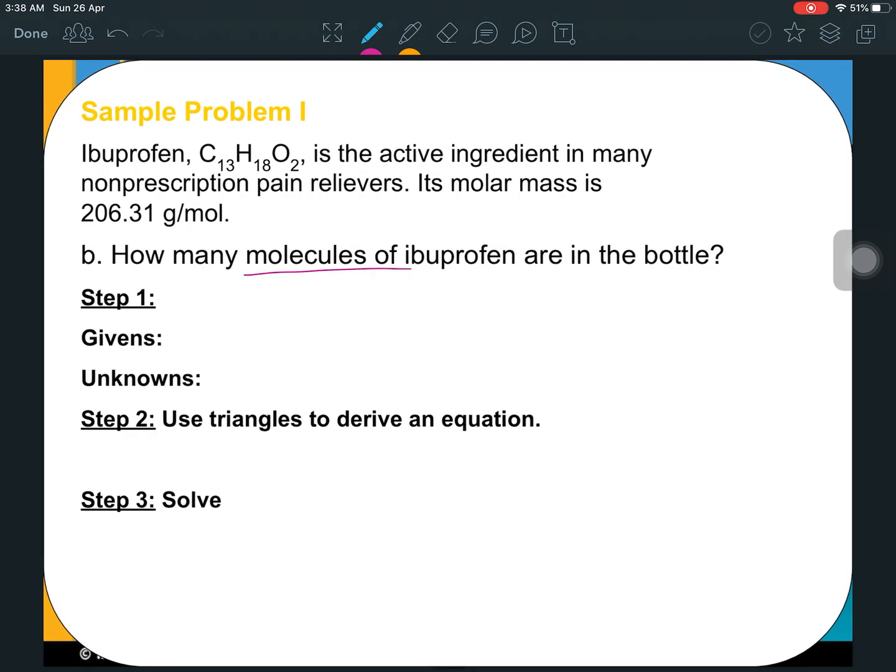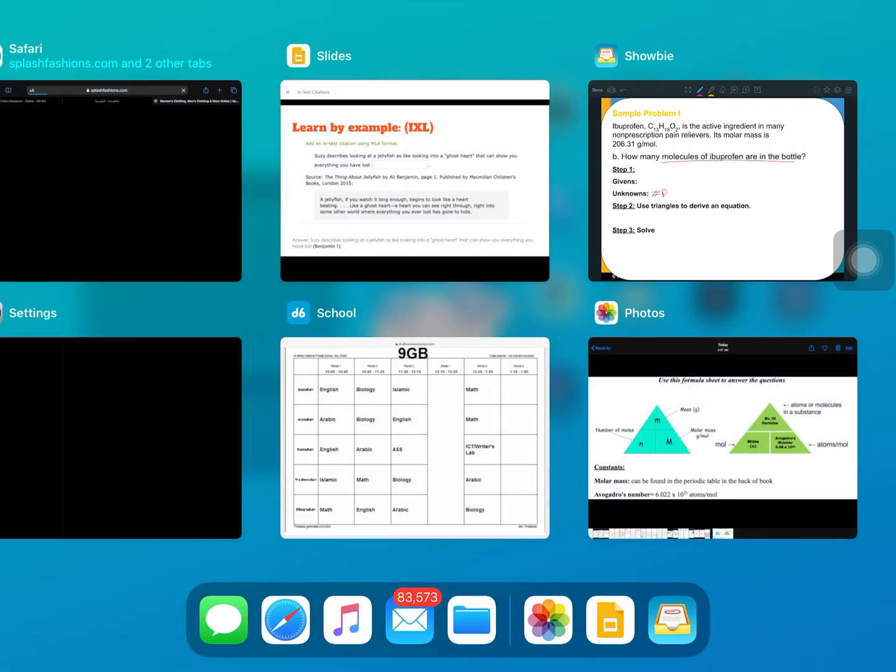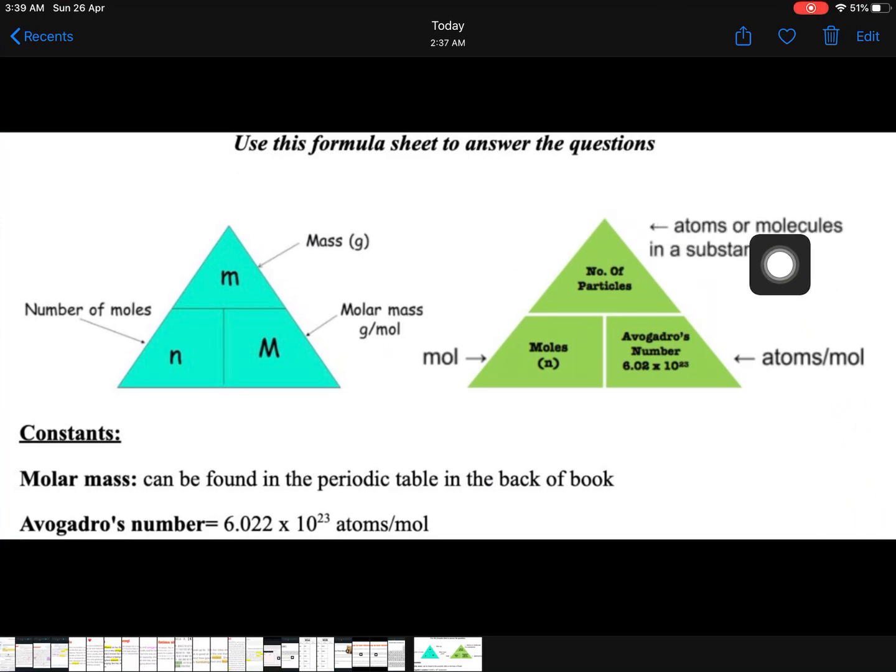Okay, so now we're going to go over the next question. How many molecules of ibuprofen are in the bottle? So here we are looking for the number of particles. So let's see which triangle we're going to use. We're obviously going to use this because it's asking for the number of molecules. Remember, the reason we say particles in this triangle is because particles can be interpreted in many ways.